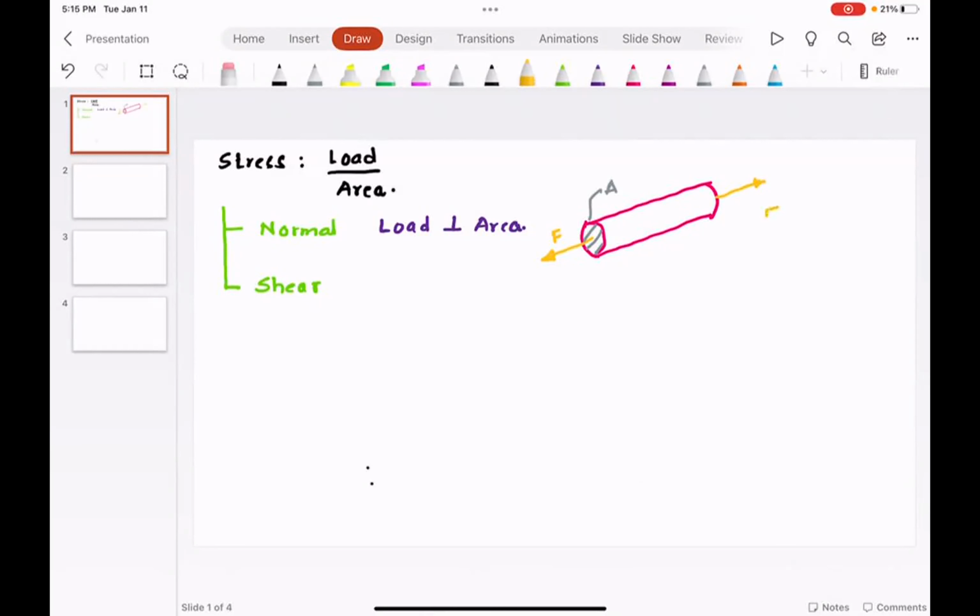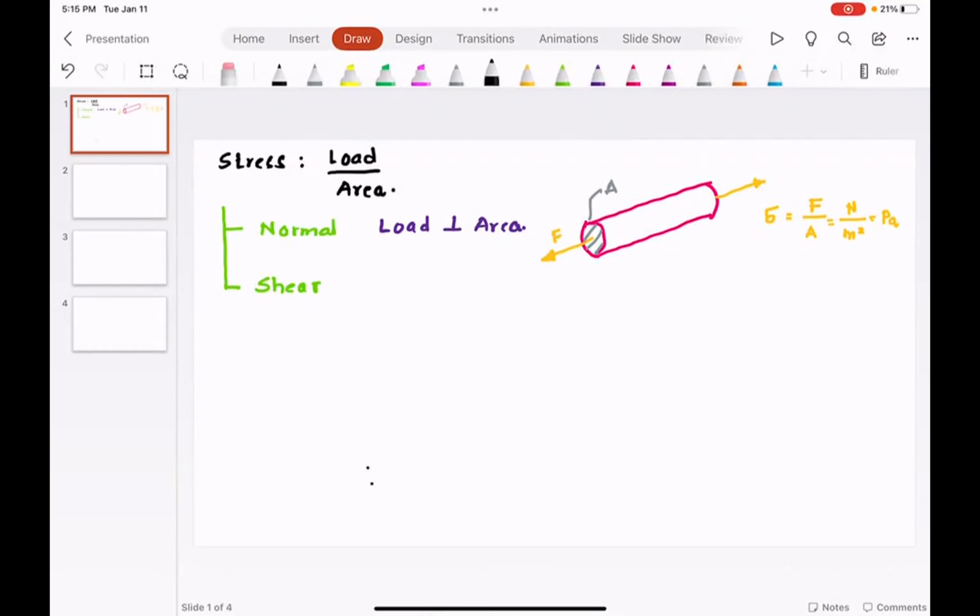And normal stress is denoted by the symbol sigma, F divided by A. The unit is Newton per meter square or Newton per millimeter square. That is also called pascals.